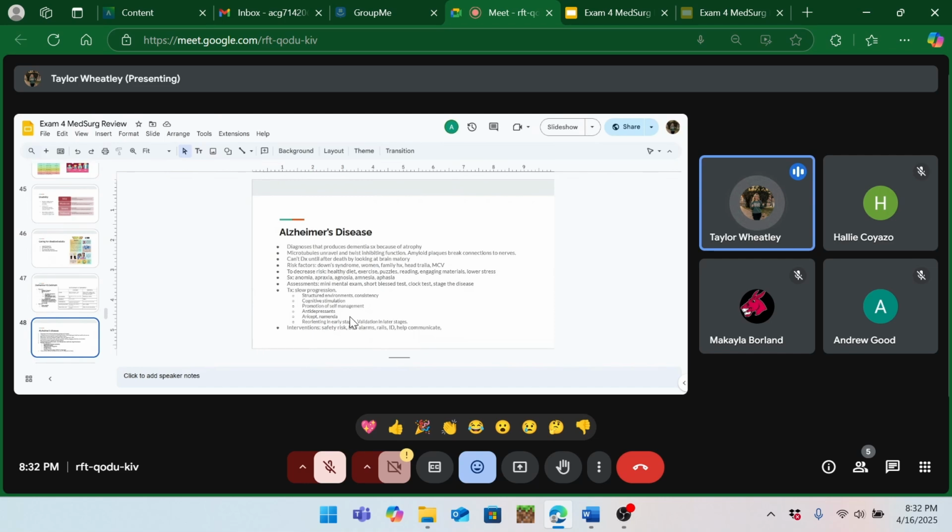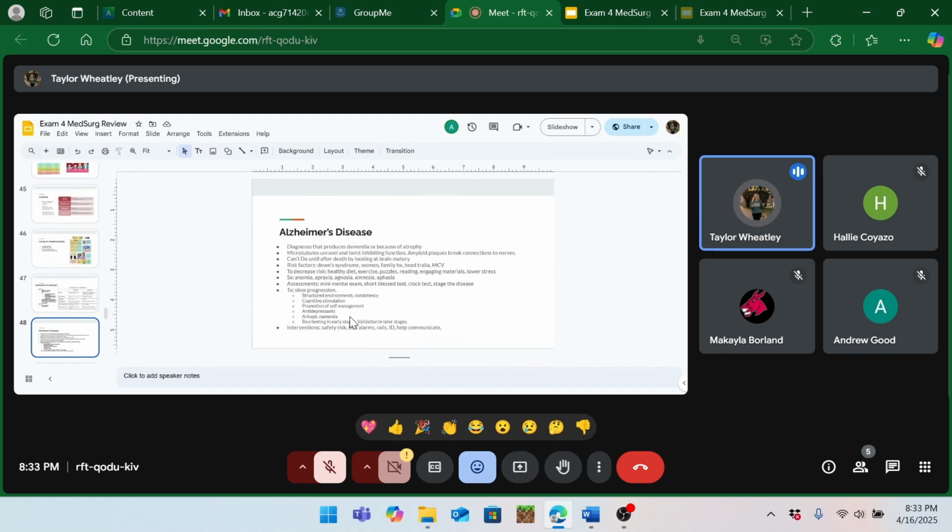And then there's no true diagnosis of this because we can't diagnose it until after death, and then they'll do an autopsy and you can look at the brain and you can see the atrophy. So basically we just look at the symptoms and things like that to diagnose it.